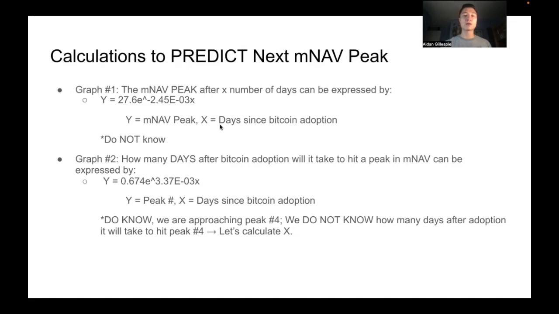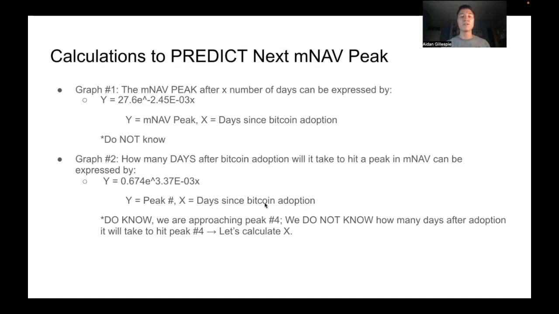However, we can use Model 2 to figure out X, the days since Bitcoin adoption, because in that second model, we were looking at the days after Bitcoin adoption it would take to hit a peak in MNAV, and that could be expressed by this following equation. The variables we're looking for are the peak number and the X days since Bitcoin adoption.